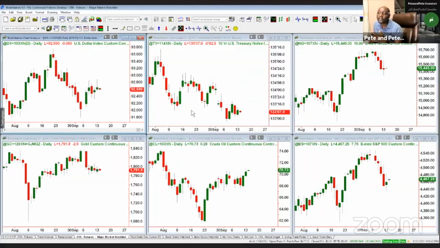So what I'm doing here, let me just explain, is I want to look at the chart for US dollar, a treasury note, NASDAQ, crude oil, SPY, and gold. So these are the 6 major commodities that I trade almost every other day. So I'll want to see all of them in one place, and I can quickly determine what's the movement here.